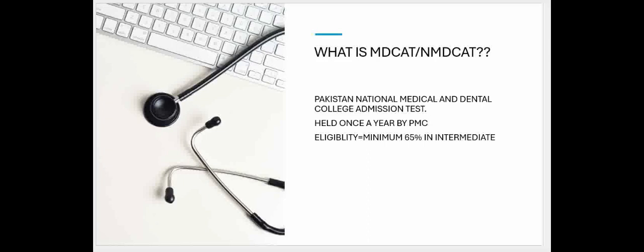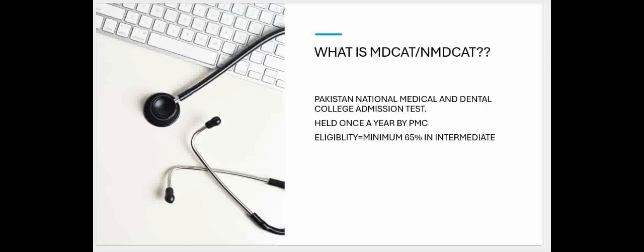But for the entry test, the criterion is 12 plus years of education before you sit for IMAT. Some universities might have different criteria, and also some embassies might have a specific minimum percentage, based on which your visa chances might differ. But for MDCAT, you need to have a minimum of 65% in intermediate.